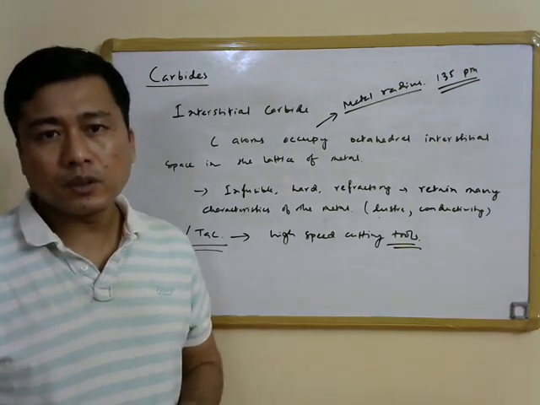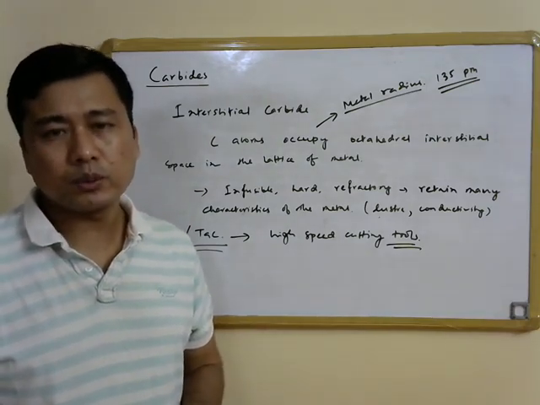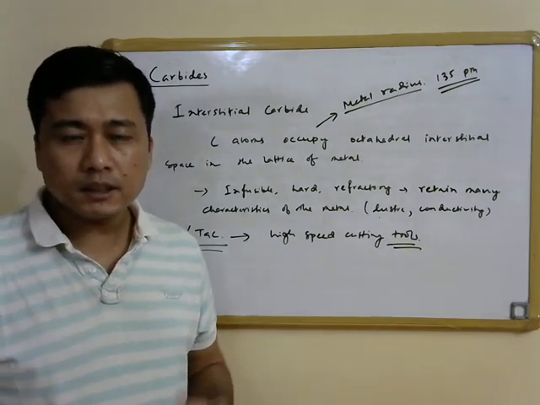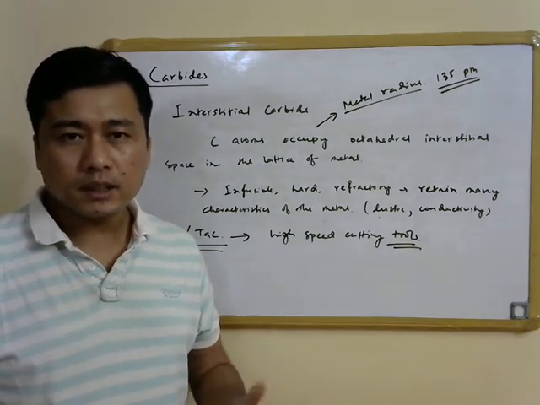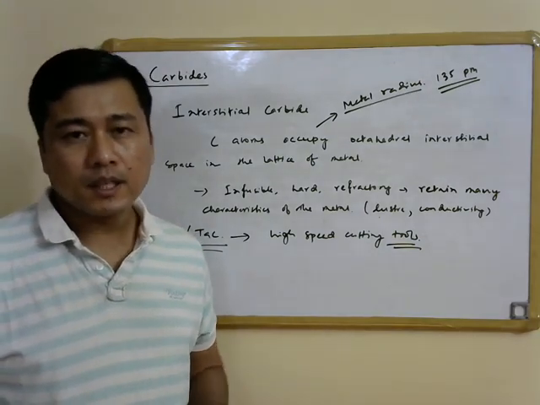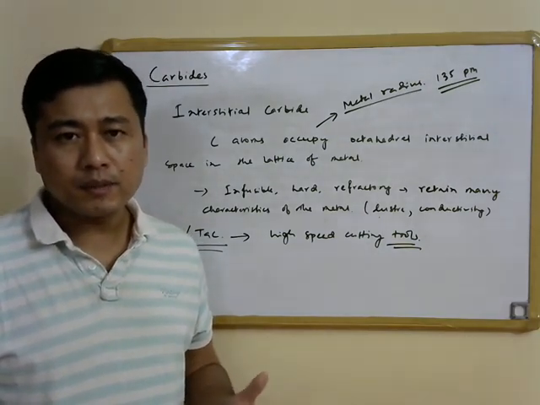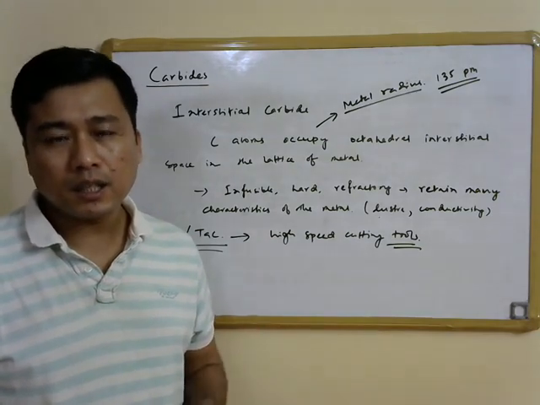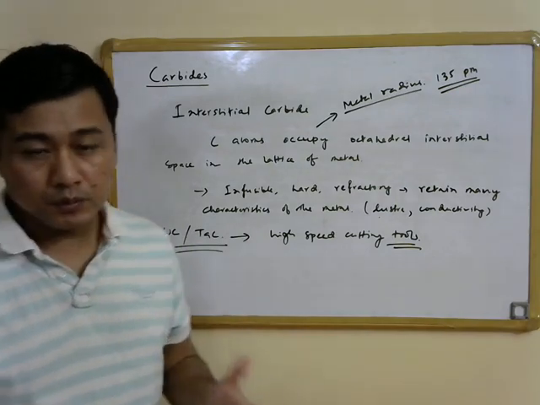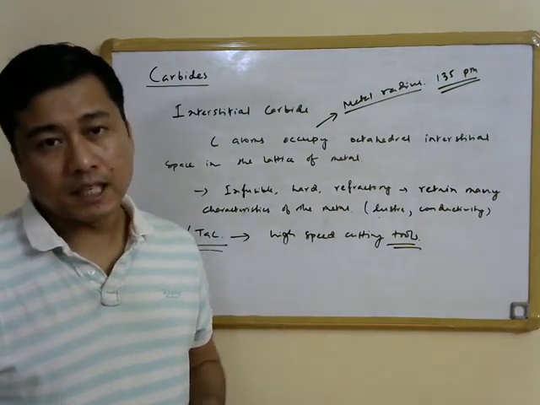Then we have also carbides which contain C2 anions, and these carbides yield acetylene gas upon hydrolysis, and that is why they are termed acetylides. And we have seen examples of alkali metal as well as alkaline earth metal carbides which form these acetylides.